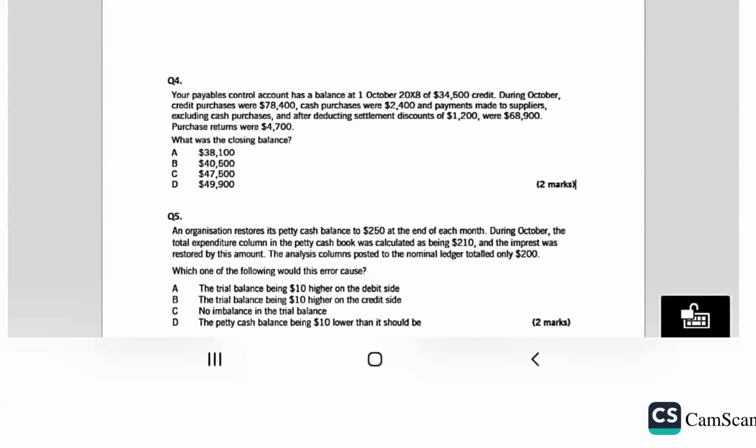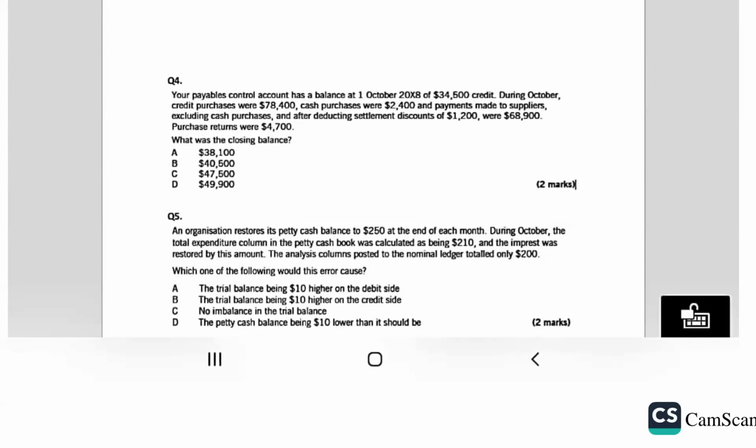The question reads: an organization restores its petty cash balance to 250 at the end of each month. During October, the total expenditure in the petty cash book was calculated as being 210, and the imprest was restored by 210.